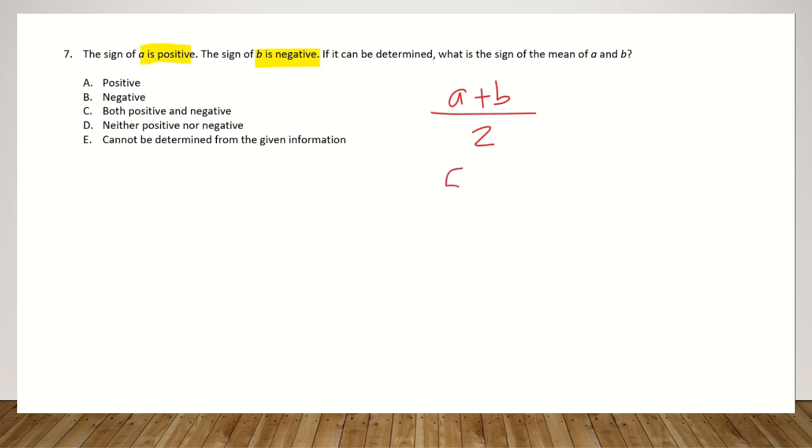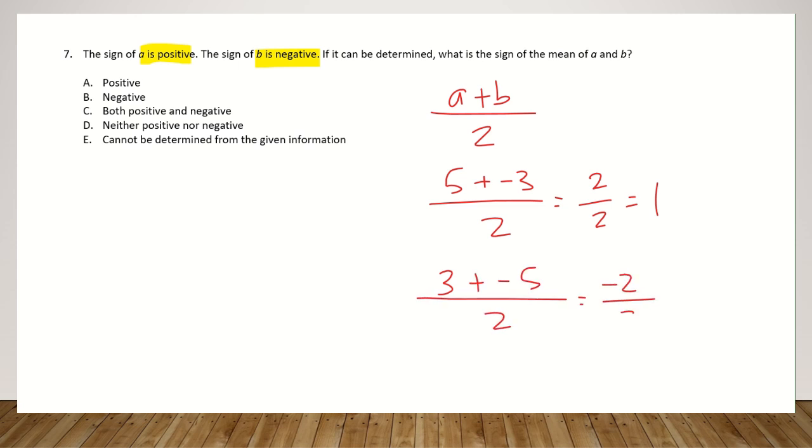So if we chose positive 5 for A and negative 3 for B, 5 plus a negative 3 is 2. I just got a positive answer for my mean. But is it always positive? Can we think of 2 numbers for A and B that would make it negative? So what if A was 3 and B was negative 5?